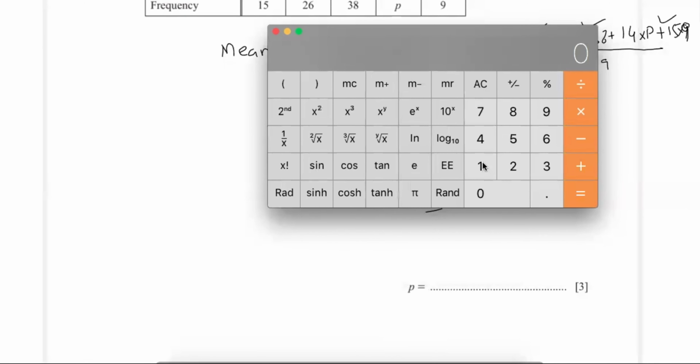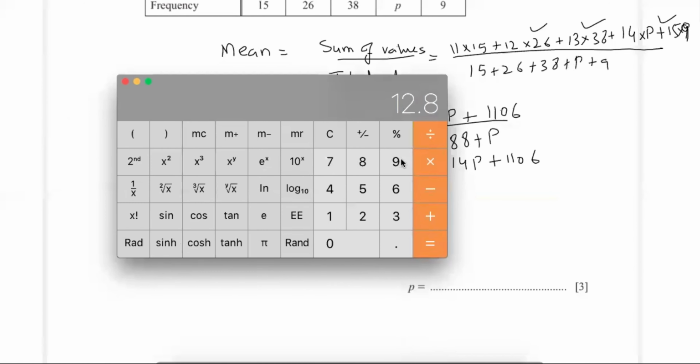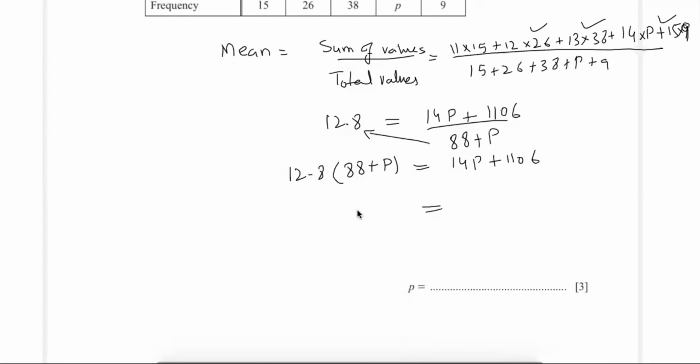12.8 multiplied by 88 is equal to 1126.4, plus 12.8P, equal to 14P plus 1106.